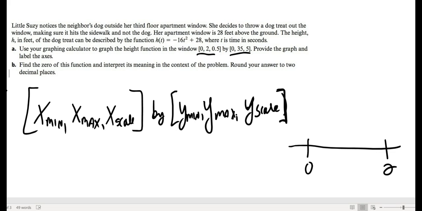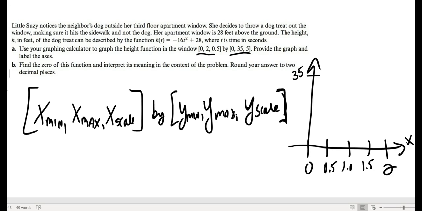And it says the scale is 0.5, so it's going to go 0.5, 1, and 1.5. So the scale tells me the distance between the little tick marks. My y-axis is going to go from 0 to 35, but it tells me that the little tick marks will be worth 5 each.